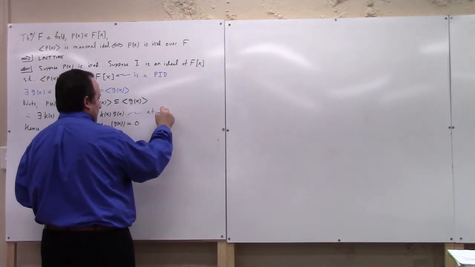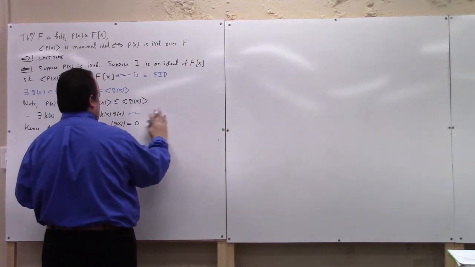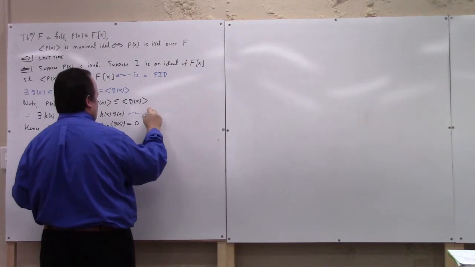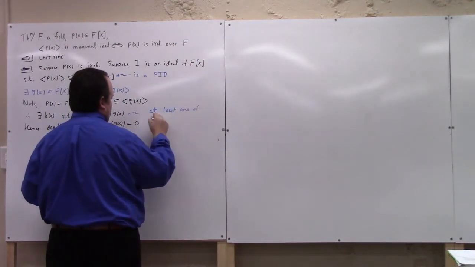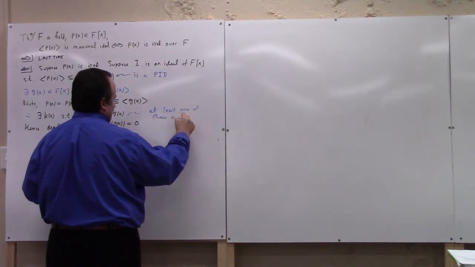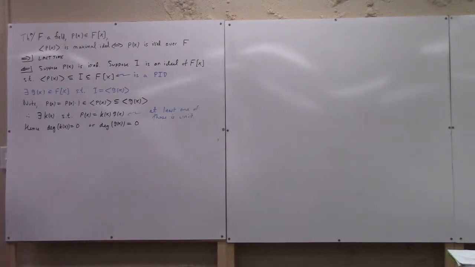I think you can say just one of them is a unit, because I assume P of x is irreducible. And by assumption, if it's irreducible, it's not a unit. If I recall correctly, I think that was a presupposition of irreducibility: a non-zero non-unit.